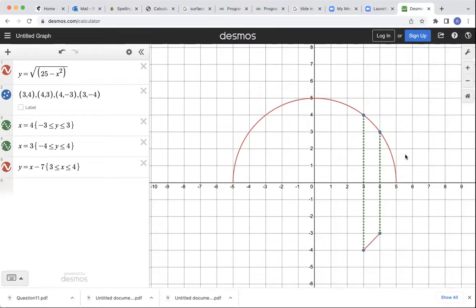You need to see this as a frustum. One of the radii is here, and the other of the radii is here. So they are values of the function. The value of the function at 4 is my smaller radius, and the value of the function at 3 is my larger radius.